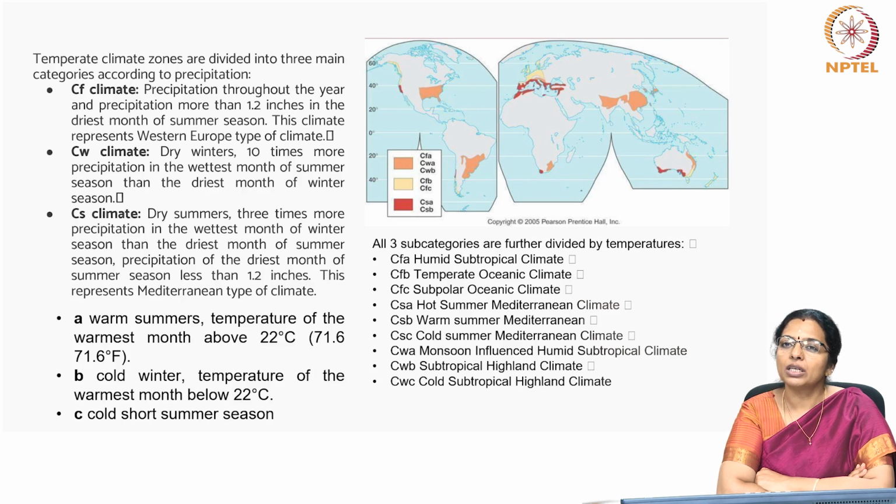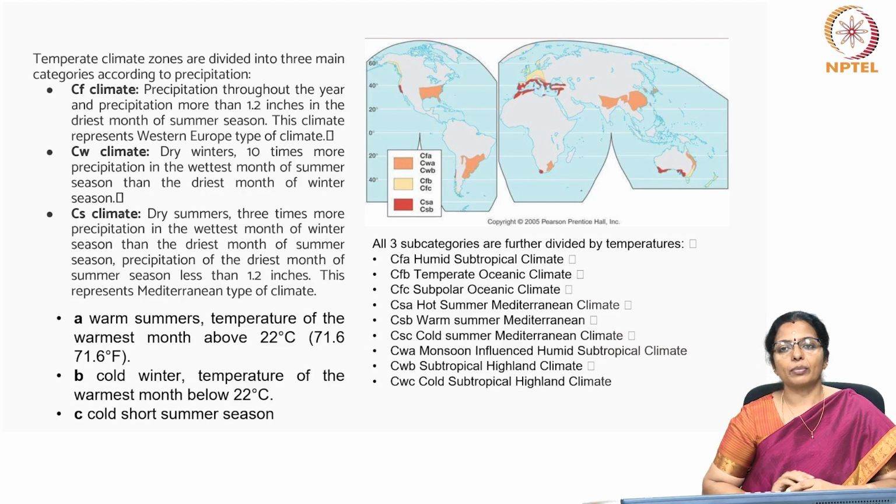This pattern mirrors Mediterranean climates. These distinctions, alongside variations in temperature such as warm summers, cold winters, and abbreviated cold summer periods, delineate the nuanced diversity within the temperate regions.